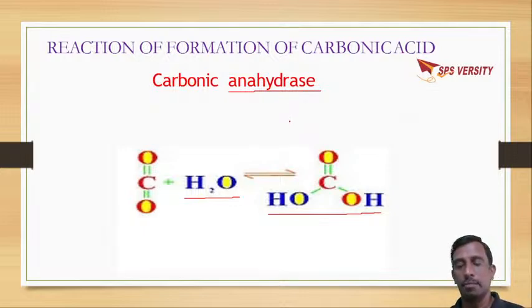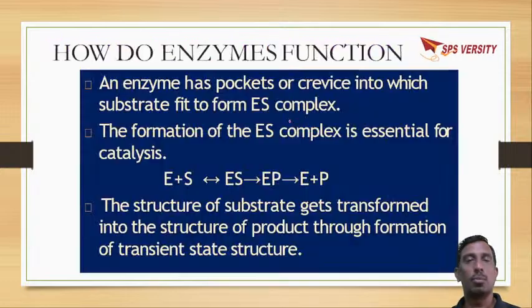In the presence of the enzyme, the reaction is 10 million times faster than without it. Without the enzyme, carbonic acid is also formed, but very slowly. Uncatalyzed reactions are very slow. Catalyzed reactions are much faster. So this is the role of enzymes.